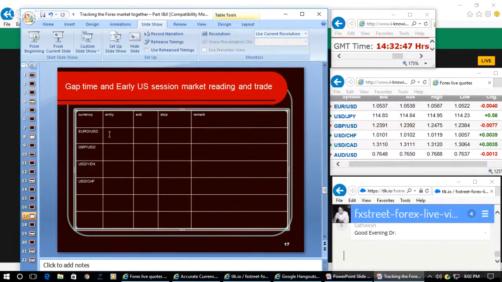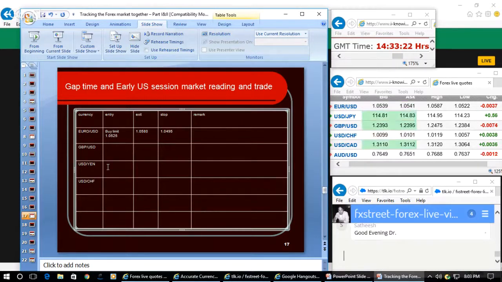So we'll keep a buy limit at 1.0525, closer to the other low, and keep the hedge order at 1.0495. The take profit order we'll keep closer to the other high, the initial high. And in the case of GBP we already have a position, so we can carry it forward.